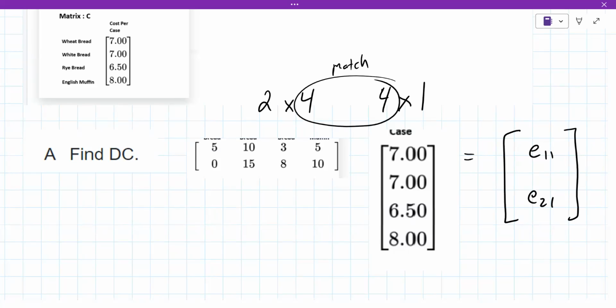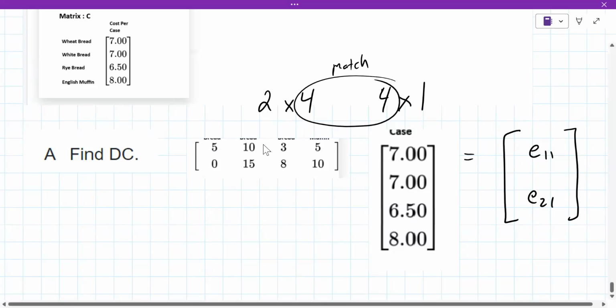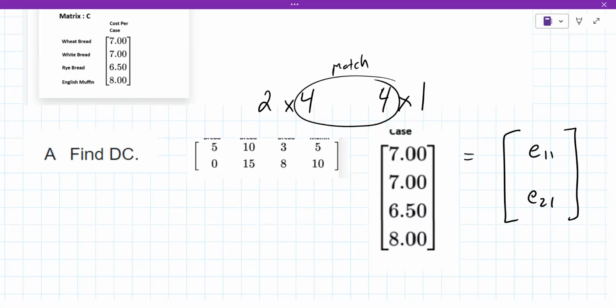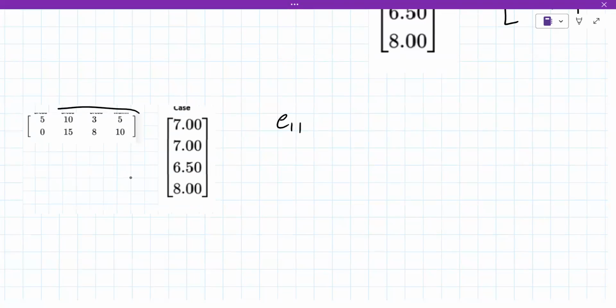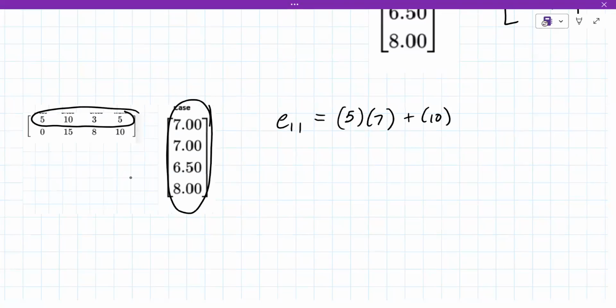Unfortunately, we just have to do these multiplications yet again, but we're getting faster. Let me frame this a little bit. To get E11, you take the first row and multiply it by the first column. So that's 5 times 7 plus 10 times 7 plus 3 times 6.5 plus 5 times 8.